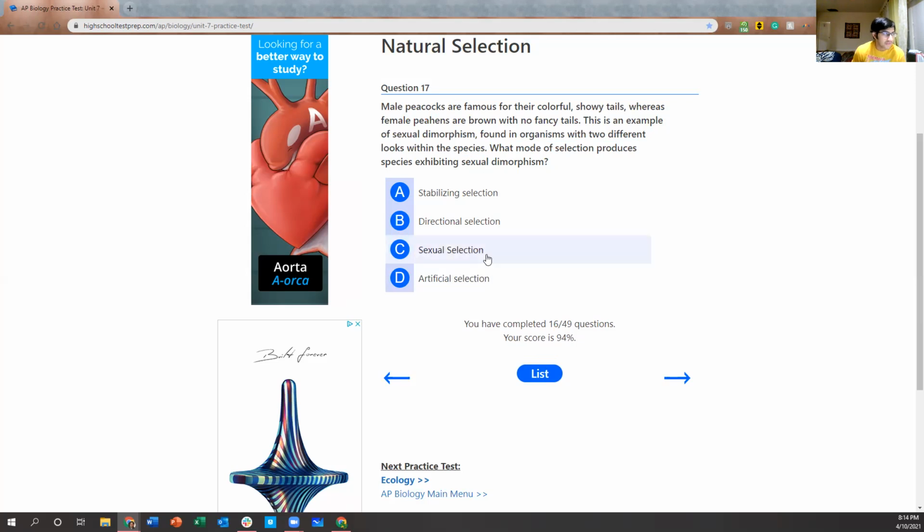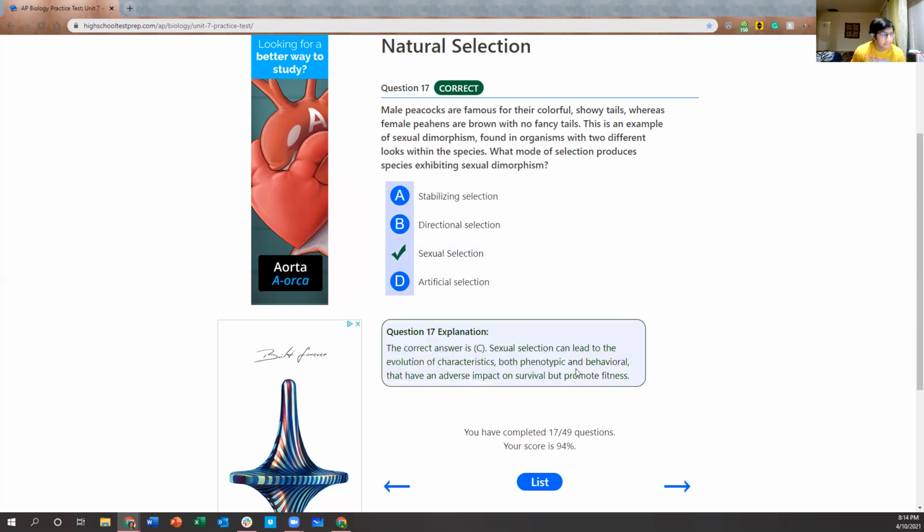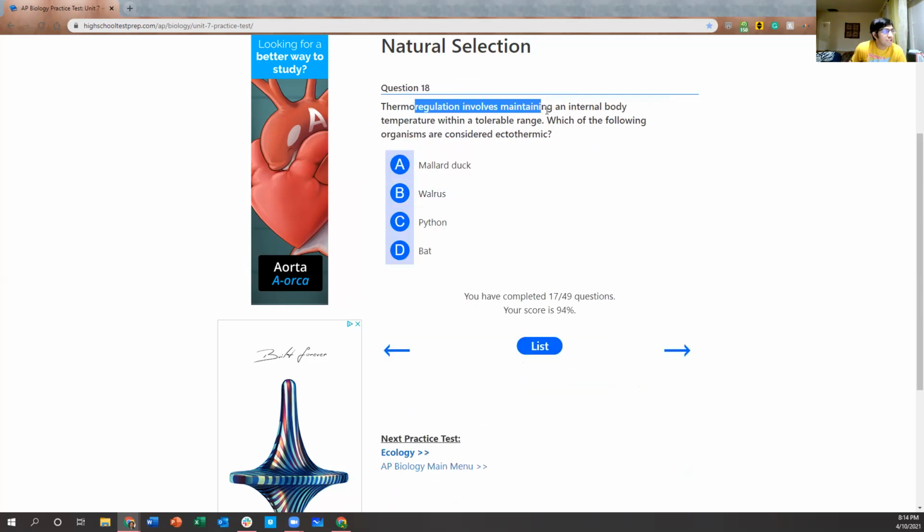I think it's sexual selection, because it's selecting for particular sexes.